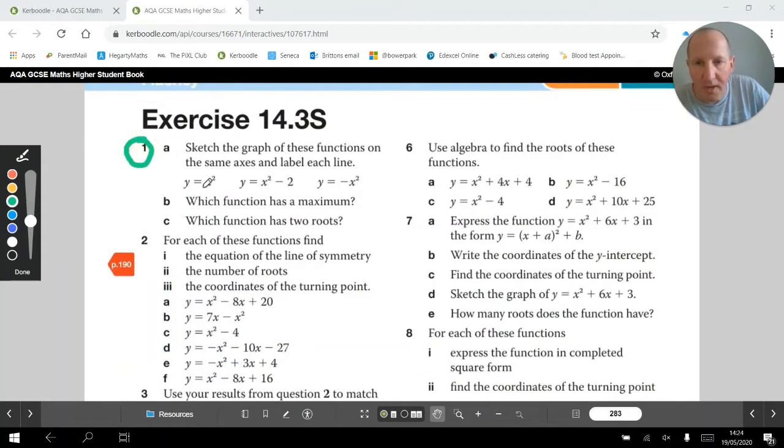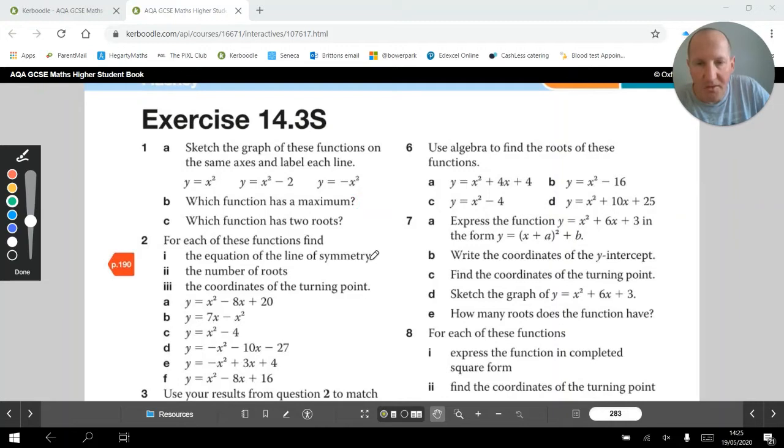Question 1 should be okay because it's asking you to sketch a graph, so you'll need to work out some values. And it's saying put it on the same axes so you can compare these three graphs to each other. Which function has a maximum? So that means which graph has got that shape, so the maximum will be the top point.